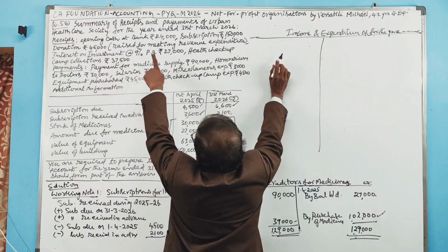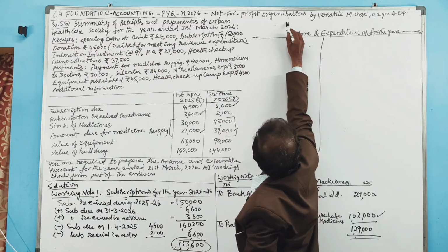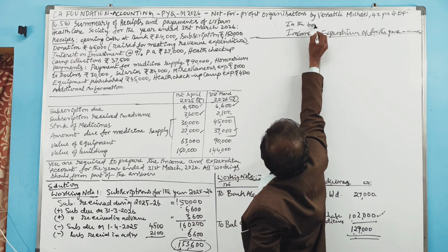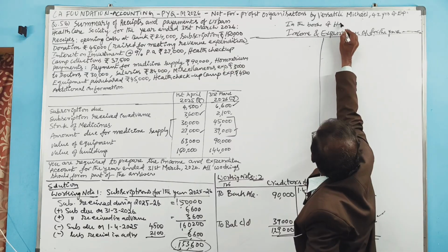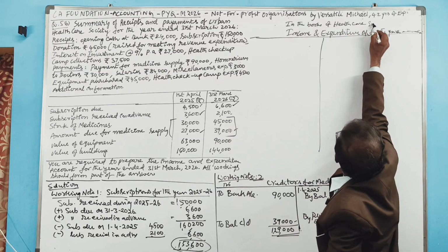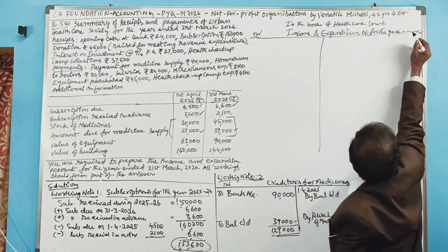What is the name of the organization? Healthcare Society. Here you have to write in the books of Healthcare Society. This is debit, this is credit.